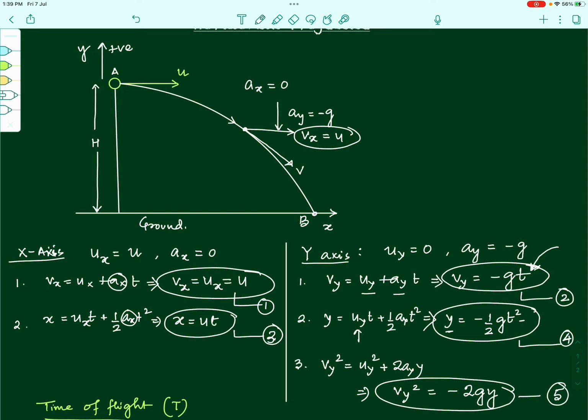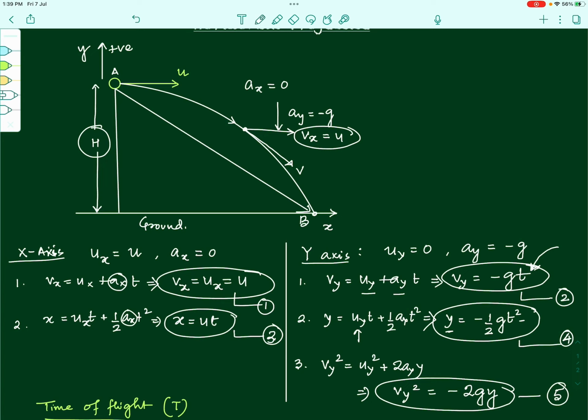See that as it moves from the position A to B, the y directional displacement that the projectile has will be h. As it moves from A to B, this will be the net displacement AB, whose y directional component will be h, because h is the height from which the projectile has been thrown.